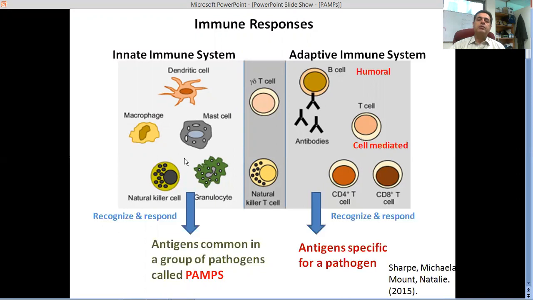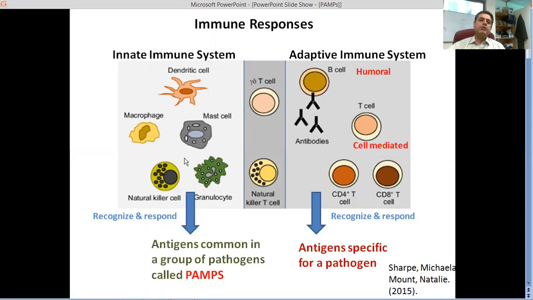It's like groups. Gram-positive bacteria is a group of bacteria. Gram-negative bacteria is another group of bacteria. Similarly, different groups of viruses, or different parasites or fungi, are recognized using common antigens present on their surfaces.